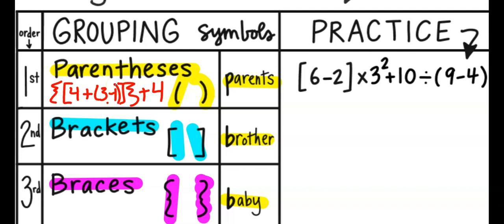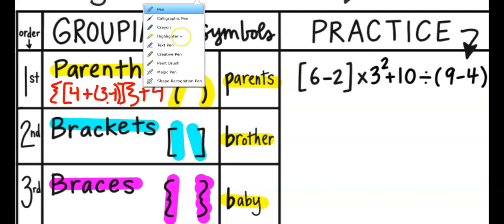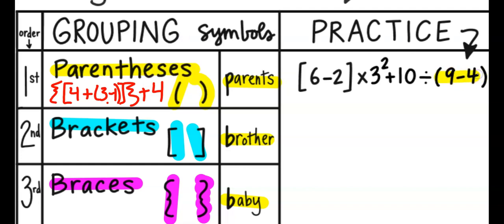All right, let's take a look at the practice problem that we have here. Let's talk about the order. We have two different grouping symbols here, brackets and parentheses. It says to start with the parentheses. So we're going to do the 9 minus 4 first, which is 5, and we are going to show our steps. I'm going to bring everything else down and do one step at a time.